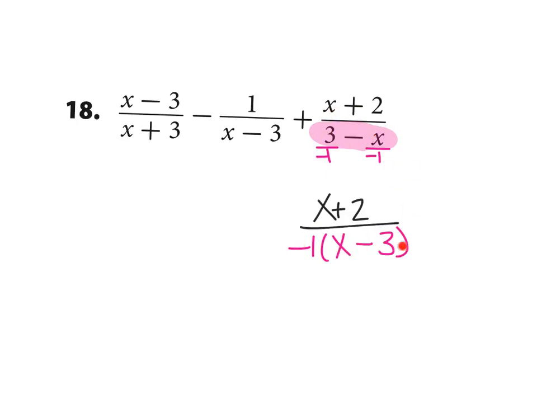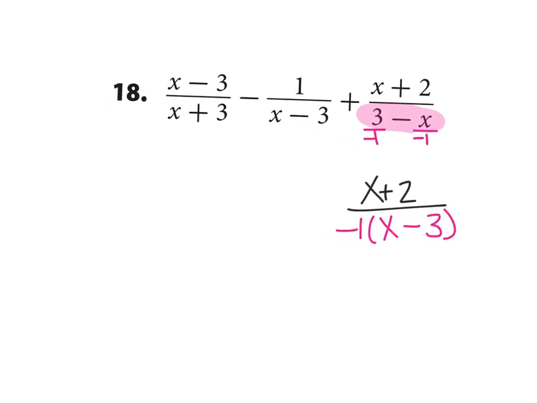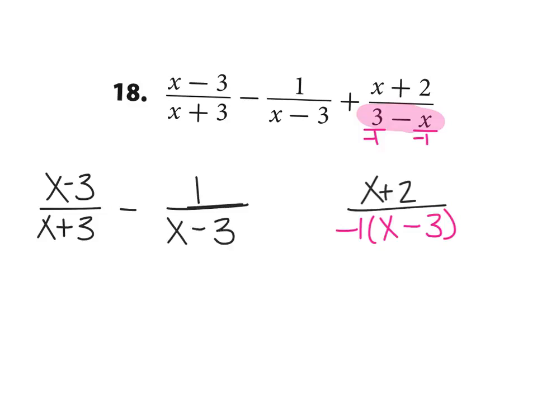It's the same denominator both times. It's just written differently. But that helps us because now our denominators don't look as terrible as they did before. So we have x minus 3 over x plus 3 minus 1 over x minus 3 plus x plus 2 divided by -1 times x minus 3.